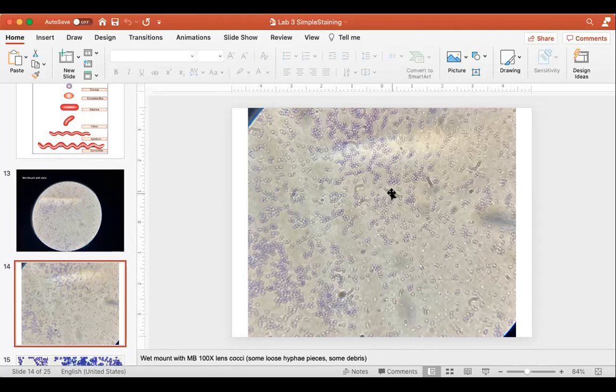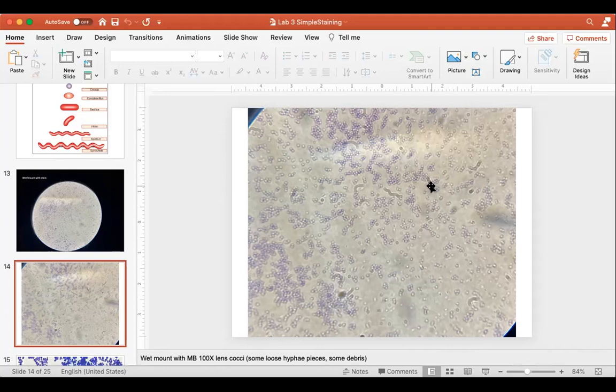There's also a couple of things here, notice. There's something right here. There's something here. Does anybody remember what that is when you see that? Remember, we're under our 100x lens, so it's too big to be a bacterium. Could that be RNA? No, RNA would not be visible under a light microscope.